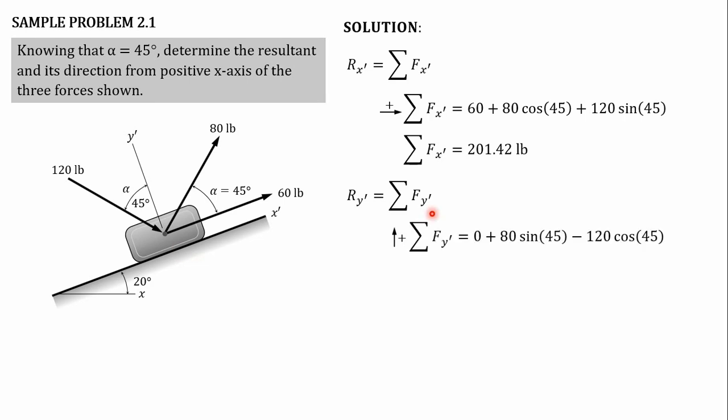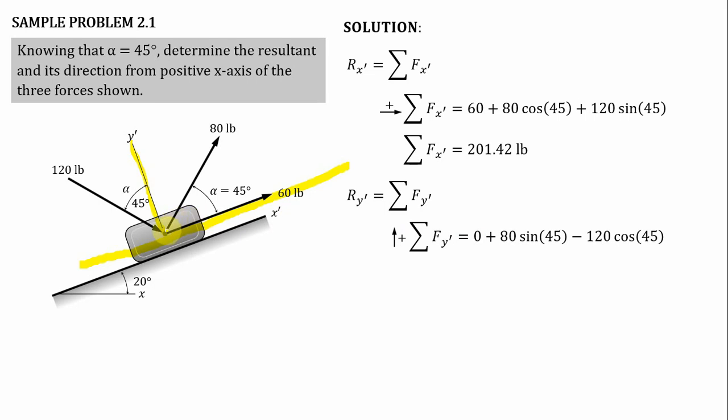So that's why summation of Fy prime is equal to, tingnan niyo yung 60 pound. Di ba yung kinoconsider natin na axis is y prime and x prime. Since yung 60 pounds natin is purely parallel to the x prime, therefore, wala na yung Fy niya.